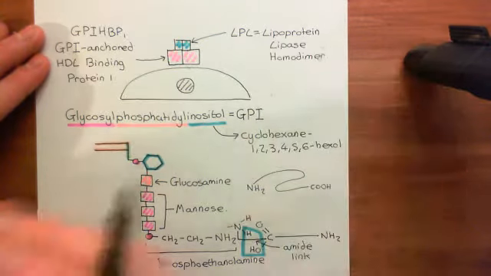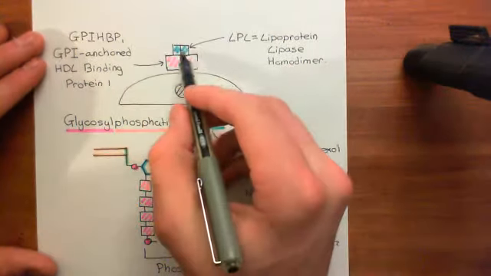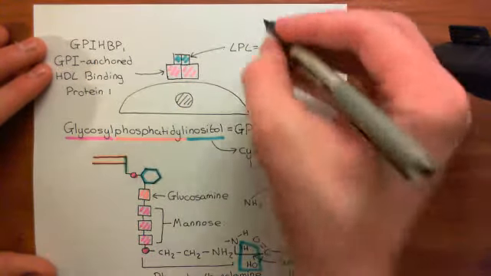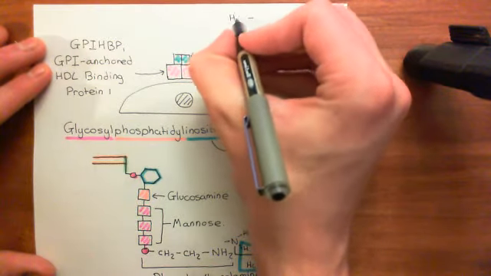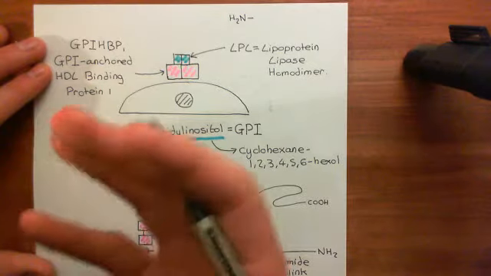Now, basically, to function, a lipoprotein lipase needs to dimerize like this in a homodimer. And let me explain to you why. Lipoprotein lipase, I don't think, has been crystal structured yet.